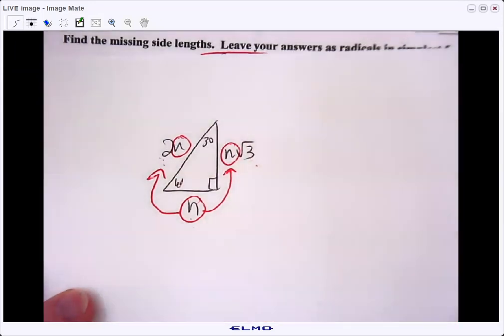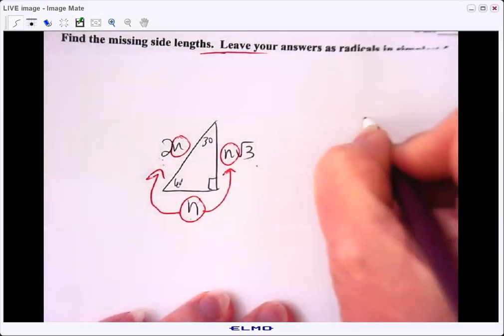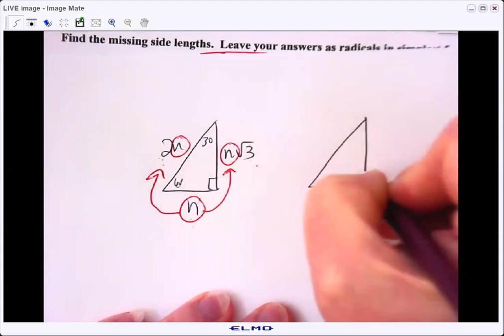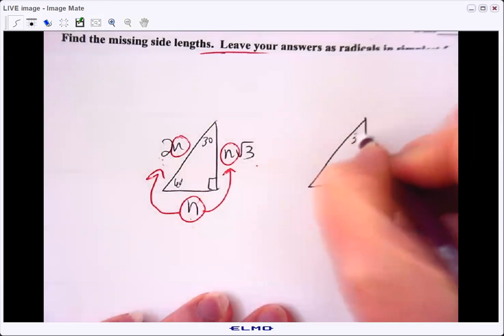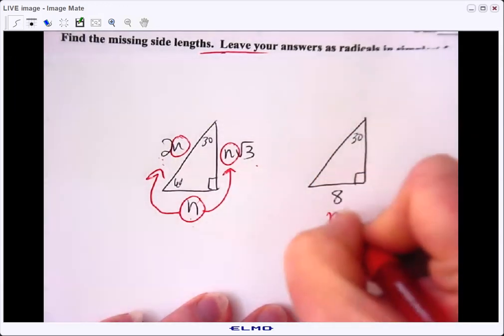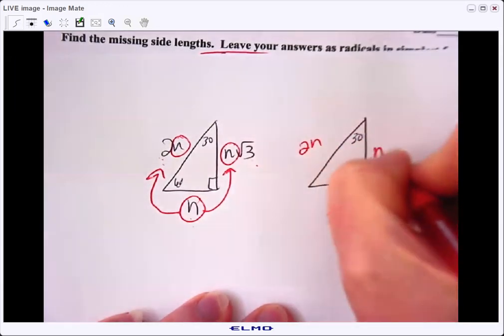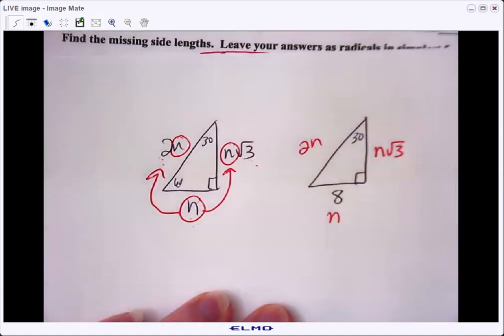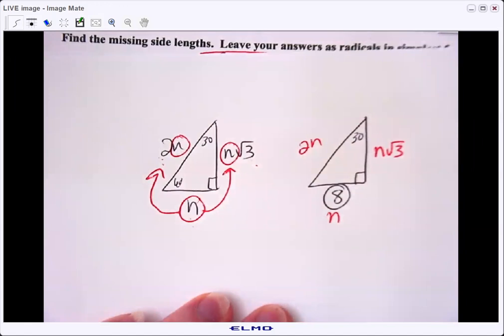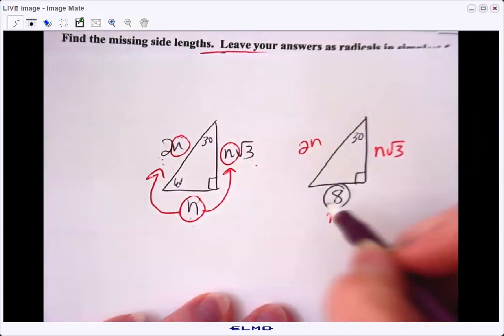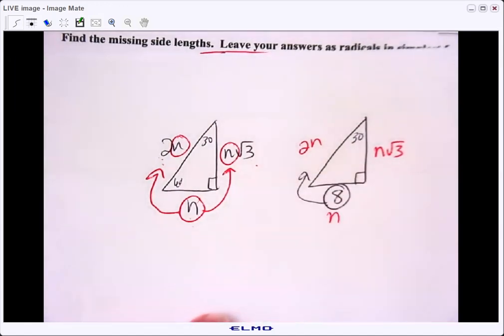So let's put an example over here. If I have 8, this is n, 2n, and n root 3. So this is the number that it's all about. So what am I going to do to this number to find the hypotenuse?